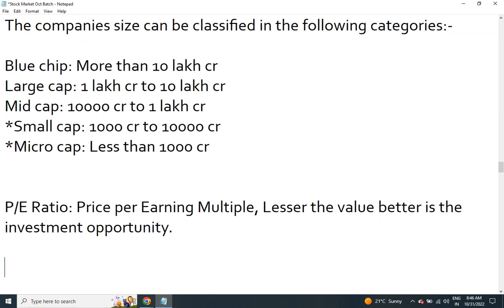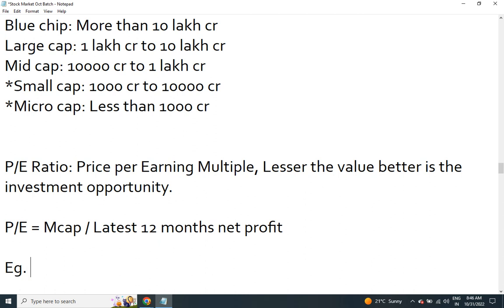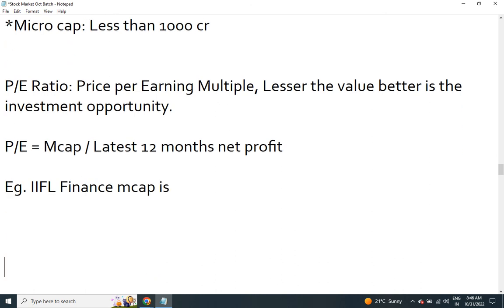So what is the formula for P by E? Write it down fast.